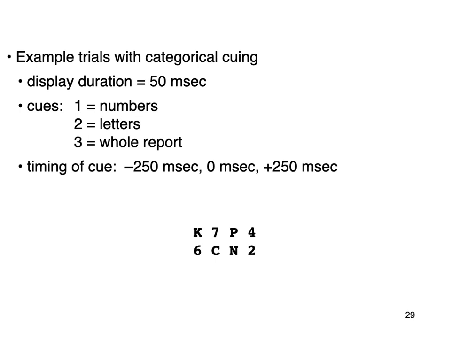Or 250 milliseconds, the array has gone and you wait 250 milliseconds before presenting the cue, which again is a number. 1 meaning report the numbers, 2 meaning just report the letters, 3 report all the items you can see, or as many as you can see, and of course we know you'll be able to get 4.